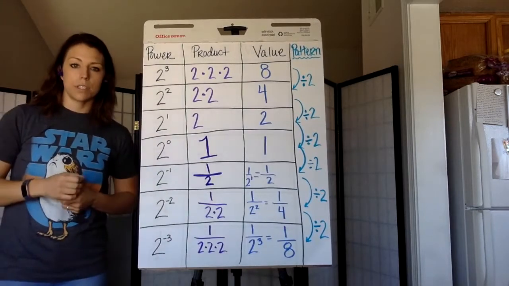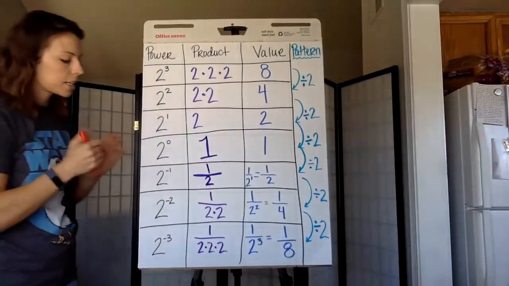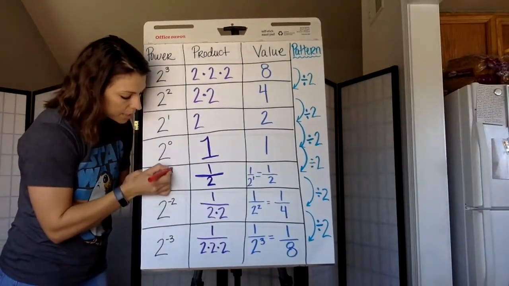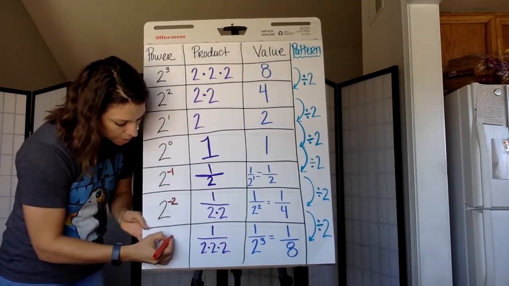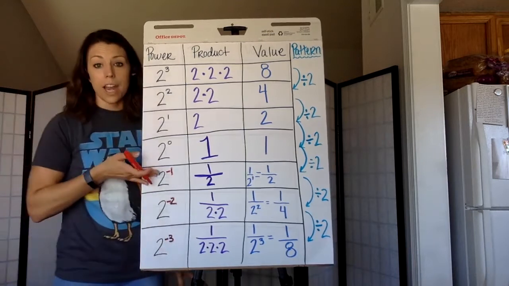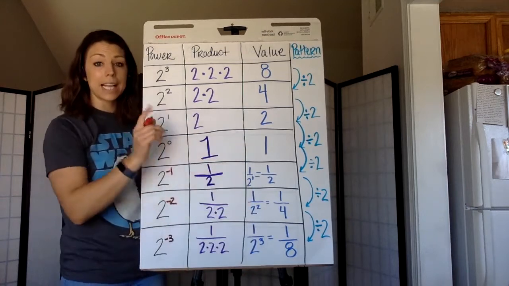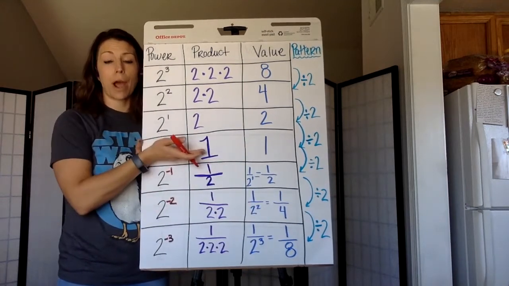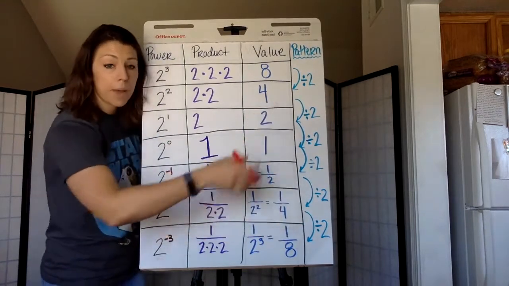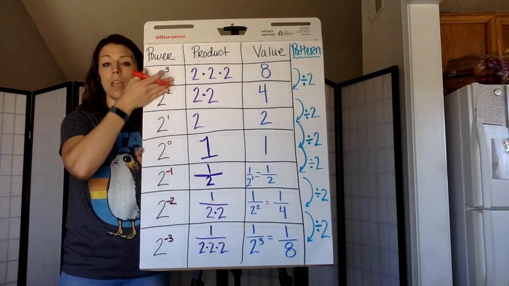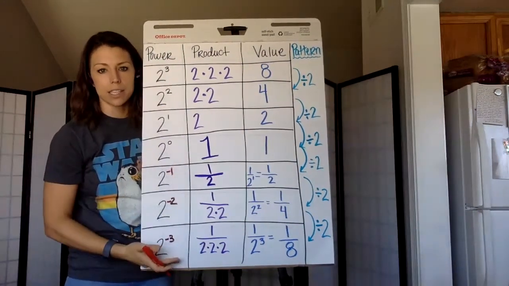So what does all of this have to do with negative exponents? Well, in the last video that you watched, we talked about how negative exponents mean taking the reciprocal of the base. If you look, our negative exponents are all fractions because once you get past 2 to the 0 power, which is 1, this pattern keeps continuing, and dividing by 2 means our factors of 2 that used to be in the numerator are now in the denominator.